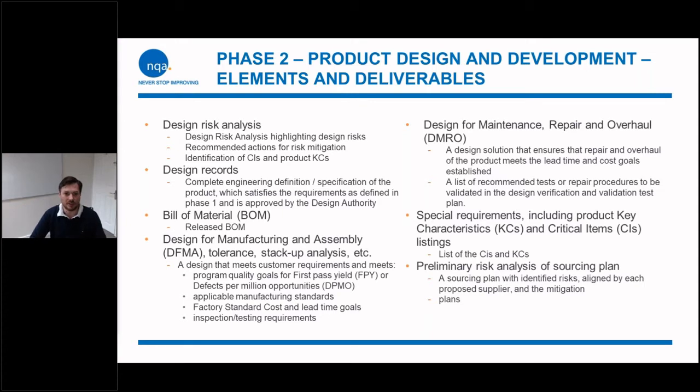So the elements and deliverables, design risk assessment analysis. So what you should do is look at the elements from the product that you're designing and think where the high risks are. I see quite a lot of just general risk assessments with the risk matrix being done.